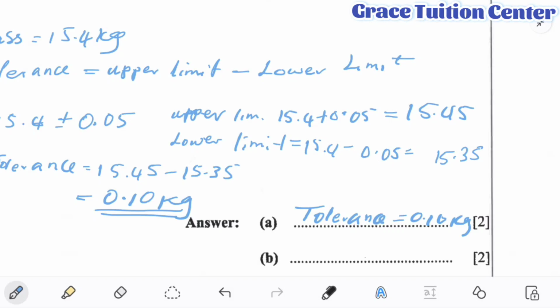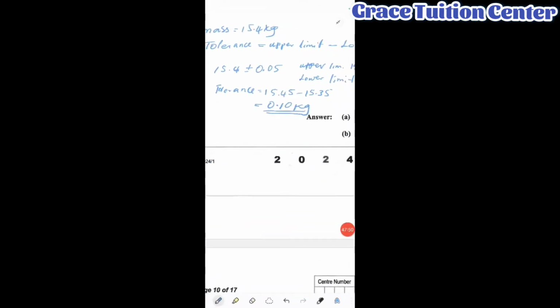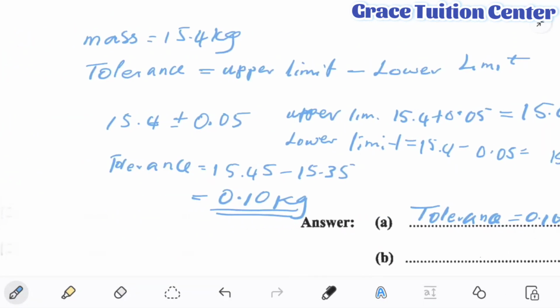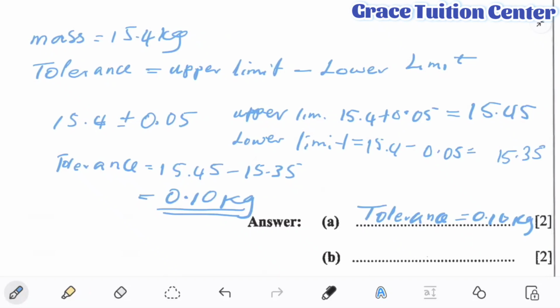Just bear in mind that if the mass you are given is a whole number, what you're supposed to do is add and subtract 0.5 to that number to get the upper and the lower limit.